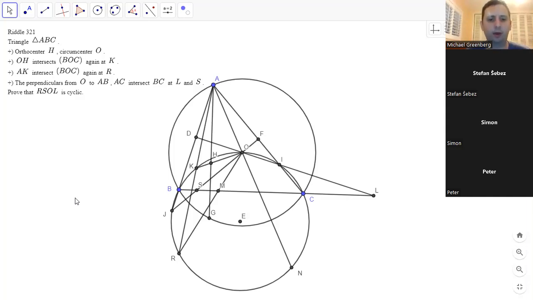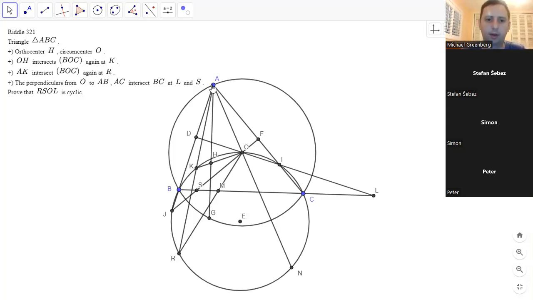So CBRJ, maybe we can project that through, what's a good point? We can project it through A onto the circle, right? Because you can project it through a point that's not on the circle.